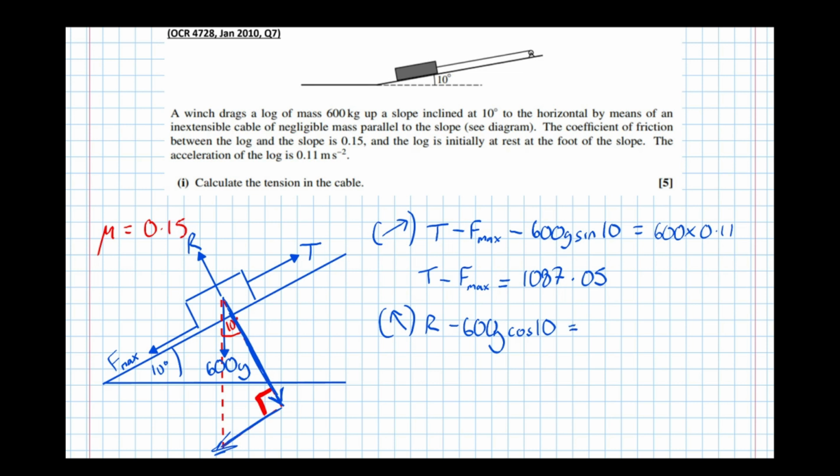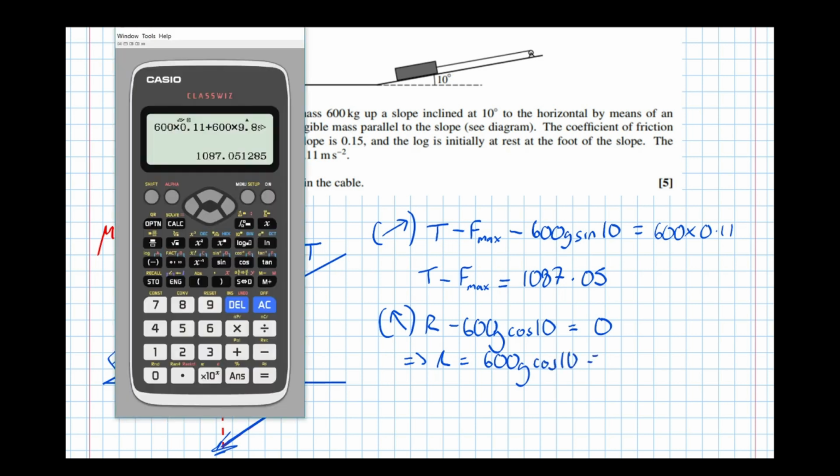Okay, equals mass times acceleration. Well, in this particular direction here, it's not accelerating at all. It's not sinking into the slope. So actually, the acceleration in this direction is 0, which means that R equals 600 g cos 10, 600 times 9.8 times cos of 10, equals 5790.67.